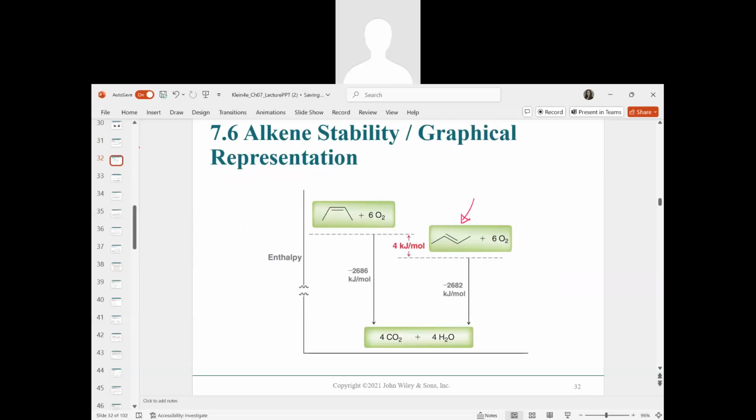So that's what we see here, this representation of the heat of combustion shown. We have the same product, so we know that we are at the same energy at the end point here, but our cis isomer would have to start 4 kilojoules per mole higher than our trans isomer to produce these changes in enthalpy.